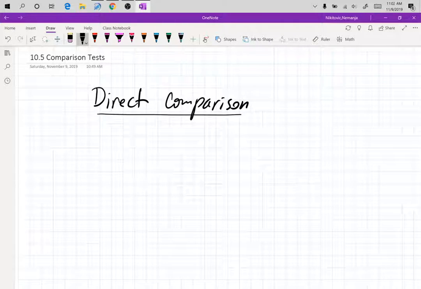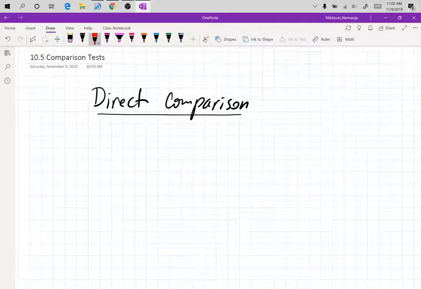For these, you will have to do the proof to show which sequence is larger, and then you will claim convergence or divergence of the series. So first, we're going to write our red theorem, definition, whatever.